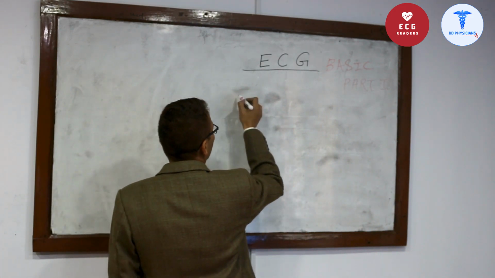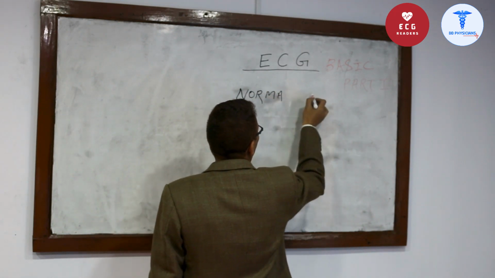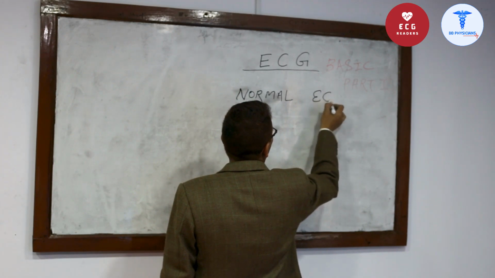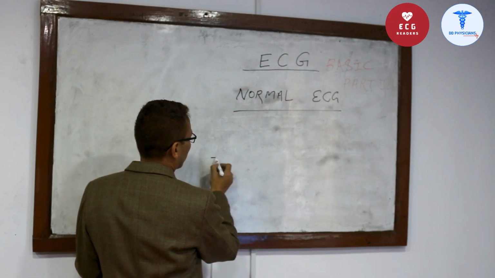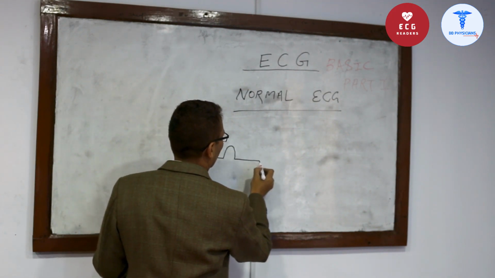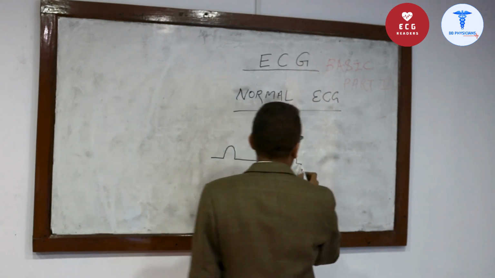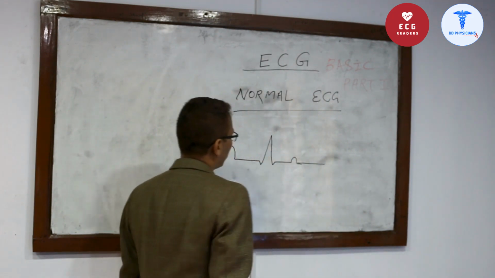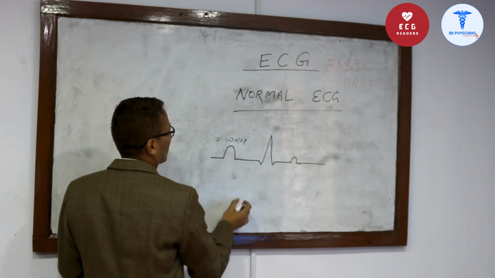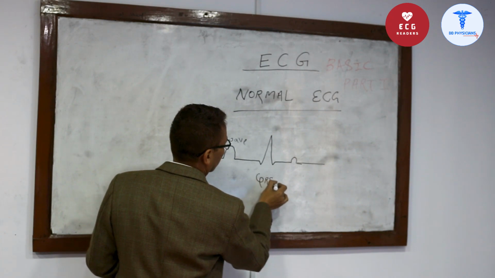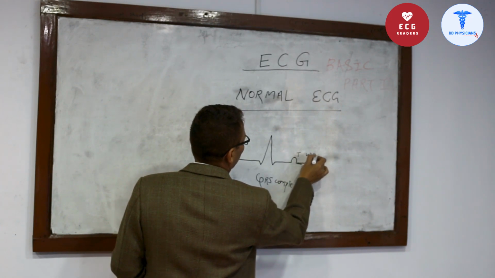How does the normal ECG look like? Normal ECG: P wave, QRS complex and T wave.